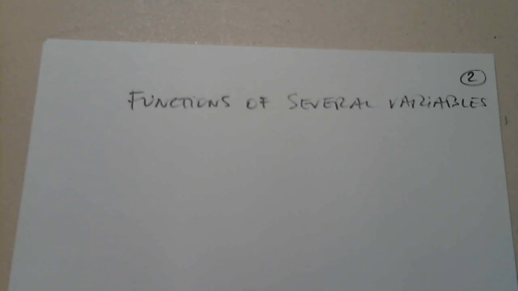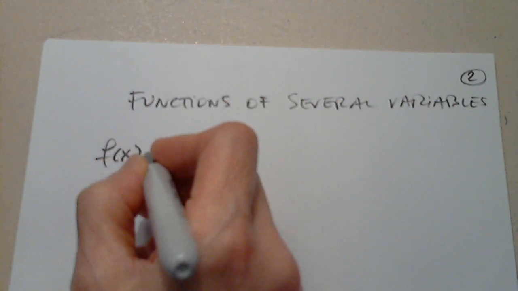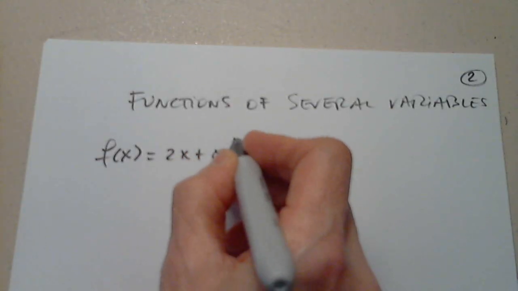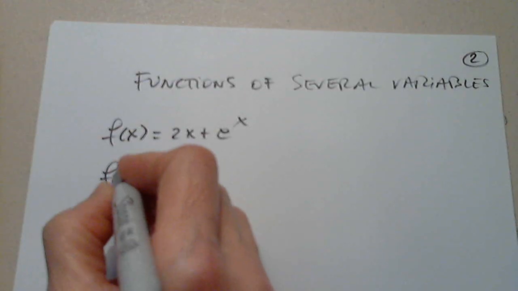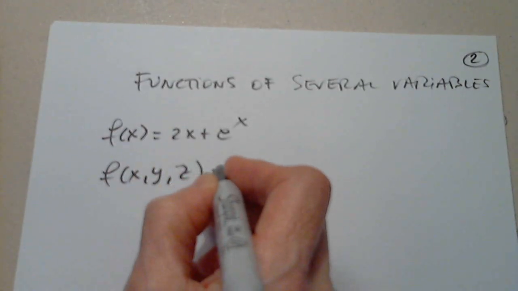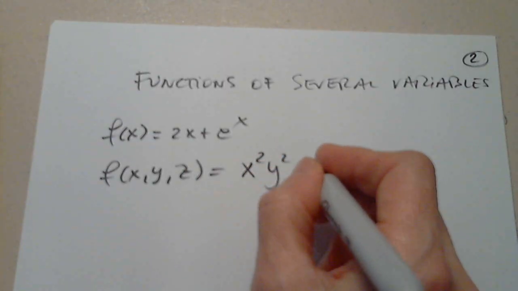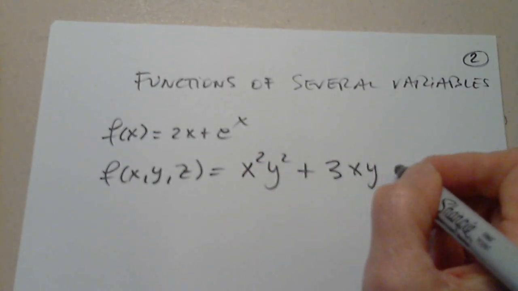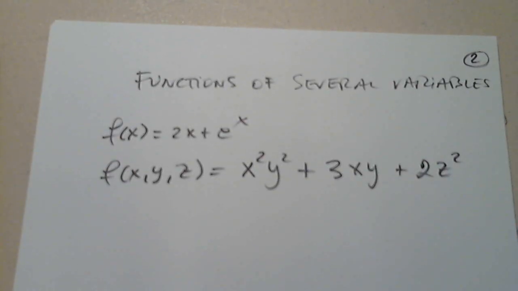Well, we're dealing only with functions of one variable, something like this, let's say. But now we're going to look at functions that have, let's say, x and y and z. How will this look like? I don't know. X squared y squared plus 3xy plus 2z squared.